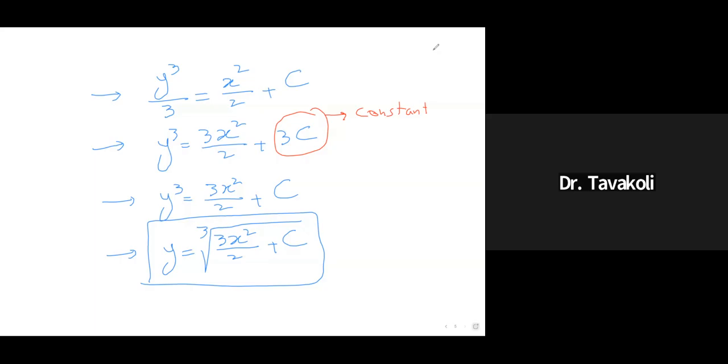The next example, which is again a separable differential equation, is y prime equals radical of x times y. So obviously, this here y prime is dy over dx. The variable of y is x. So dy over dx is radical xy.